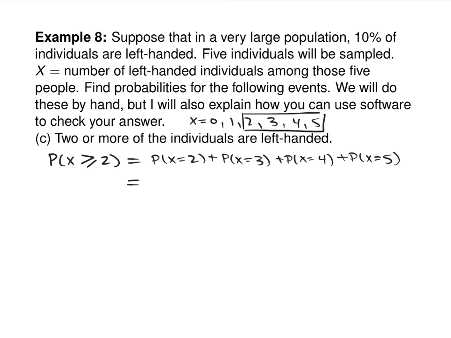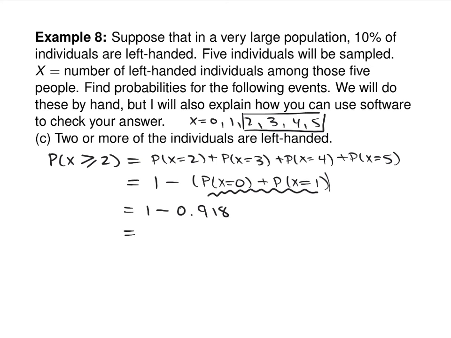This is the same thing as 1 minus the probability that x is equal to 0 plus the probability that x is equal to 1. And this we found in example A or B. And so if you're clever, you should use this trick. So that's 1 minus 0.918, which comes out to 0.082.